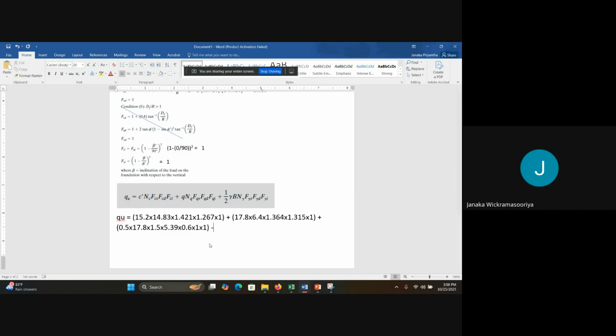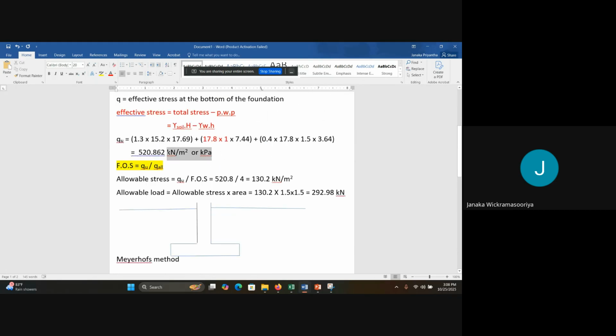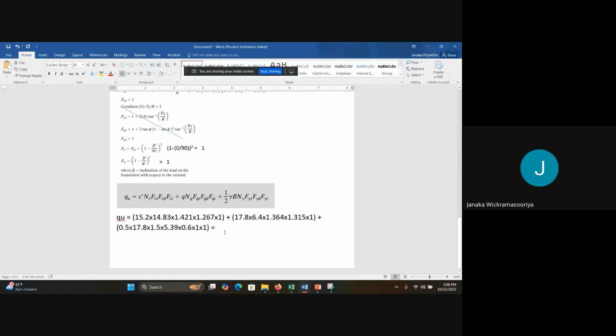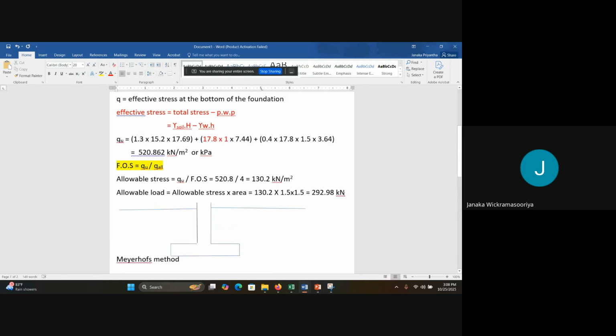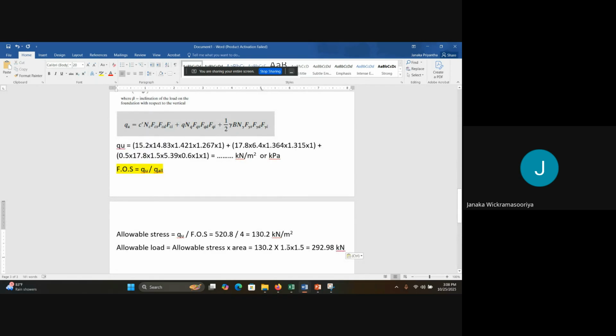Right. You can find this answer in kilonewtons per meter squared or kilopascal. Then you will get a slightly different answer. But please tell me the answer.